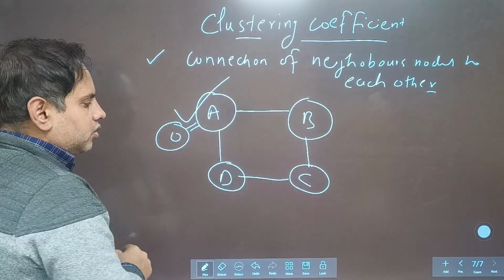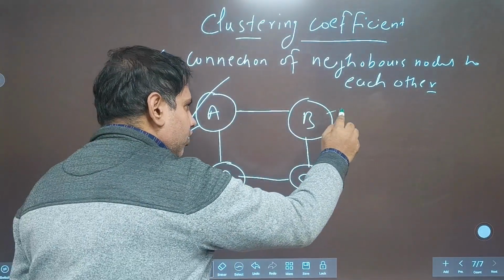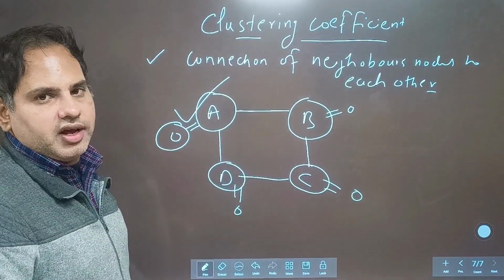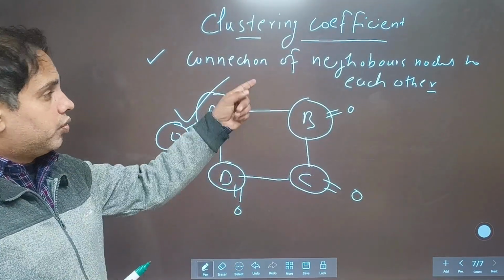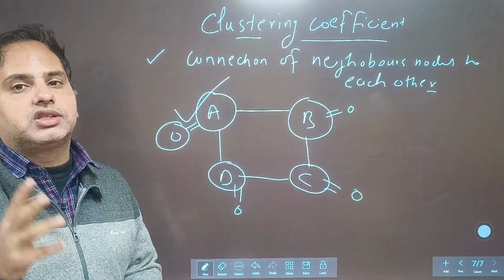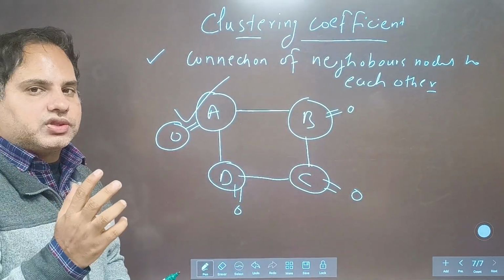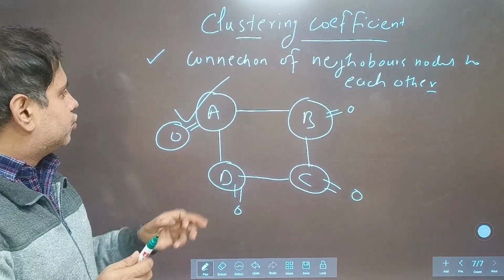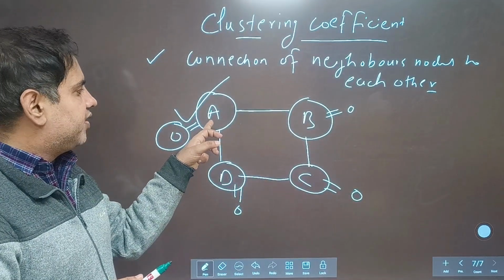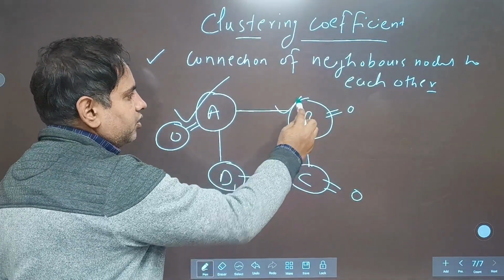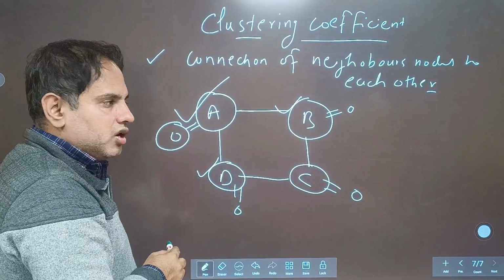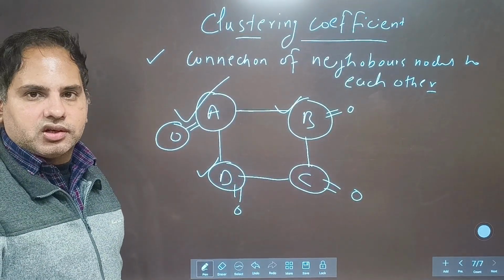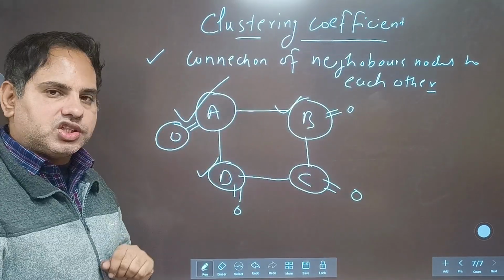Look at the definition: it is the connections of neighboring nodes to each other. The neighbors of A are B and D. Are B and D connected to each other? No. So the clustering coefficient is 0.